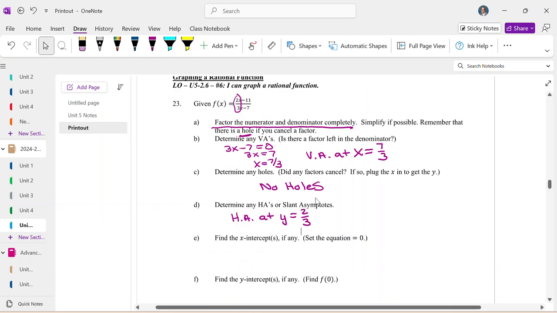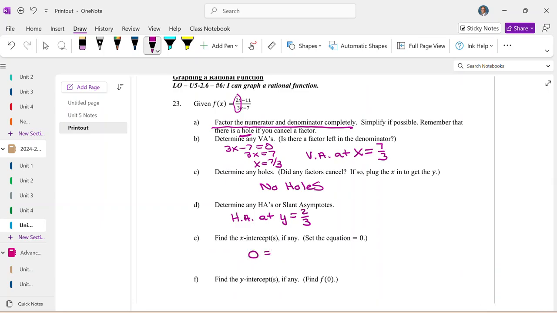X-intercepts. So you set the equation equal to 0. Now remember, the only way a fraction can be equal to 0 is if the numerator is 0, so really the x-intercept is what makes the numerator equal to 0. So the x-intercept is 11/2, 0.